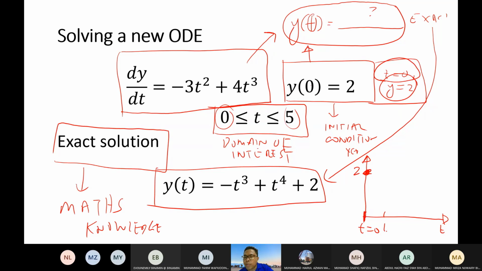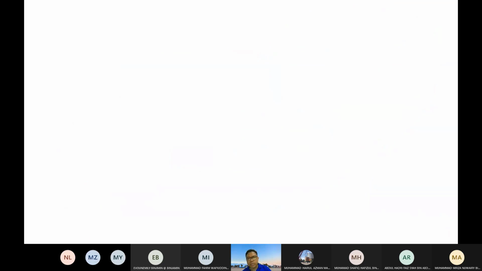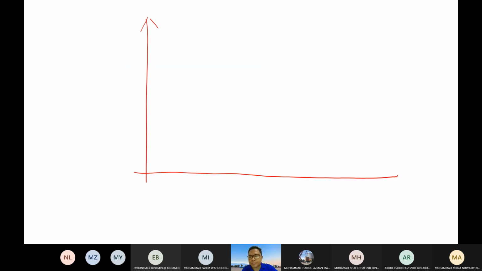But when t is equal to 1, because our t is ranging from 0 until 5, maybe my next t will be 1, my next future t will be 2, then 3. So better I use another slide. Again, this is your t equal to 0, and from the initial condition, this is 2.